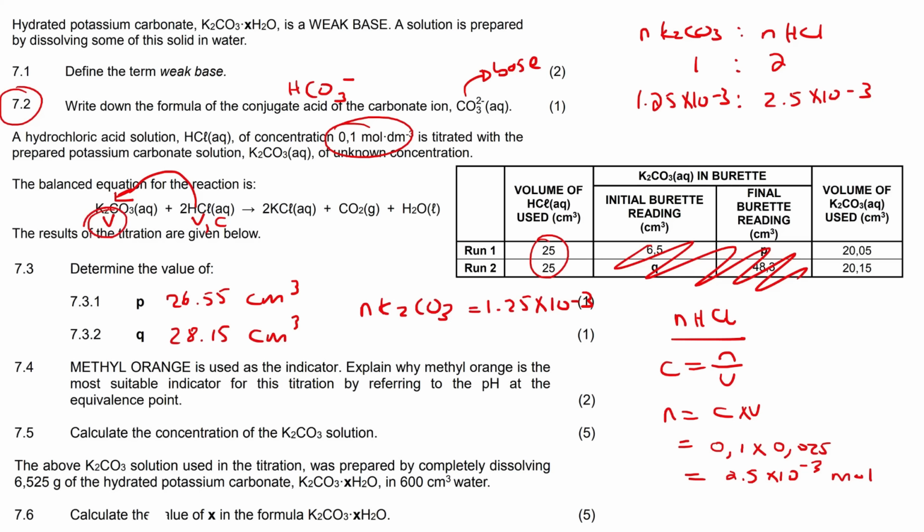Then I've got the volume of K2CO3, which was the 20,1 centimeter cube. So I can just use C equals n over V, and the moles is what we got here, so 1.25 times 10 to the minus 3 divided by, now remember this needs to be in decimeters, so if you divide that by 1,000, you get 0.0201.